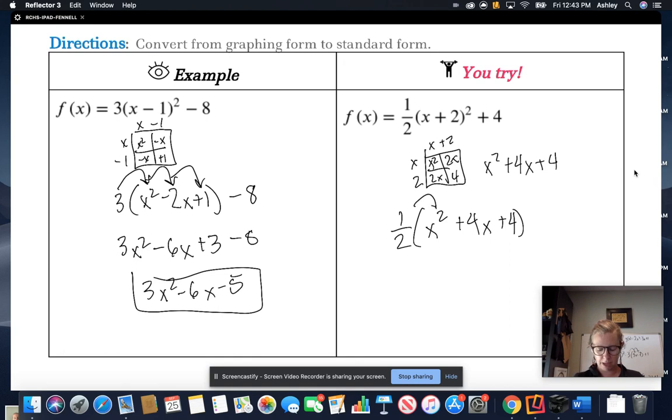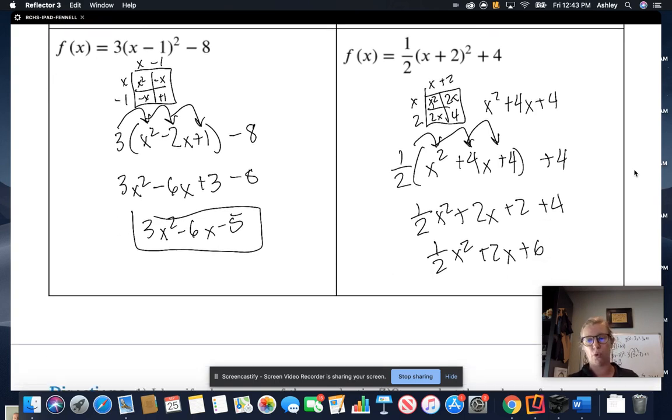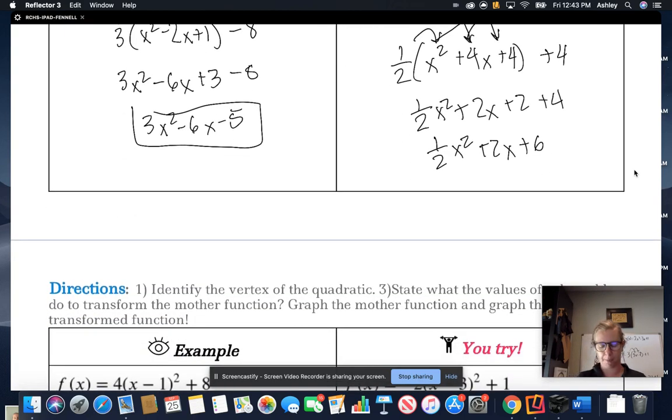So we're going to distribute that 1/2 to every term inside, and then don't forget to add your 4 at the end. 1/2 x squared plus 2x plus 2 plus 4. So we end up with 1/2 x squared plus 2x plus 6 as standard form of our equation there.